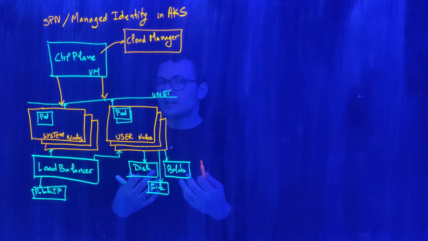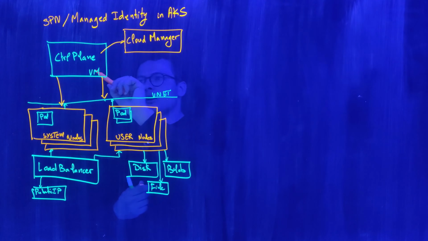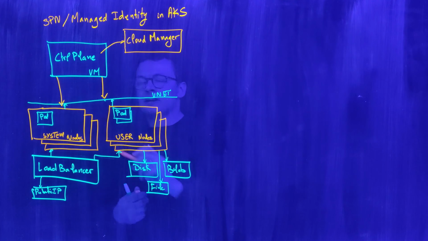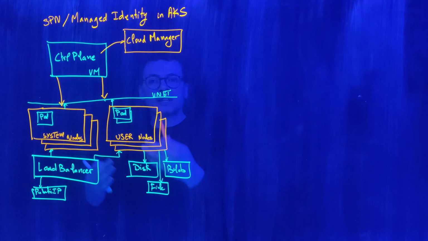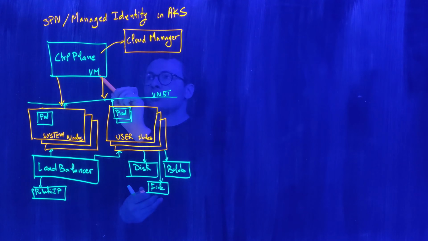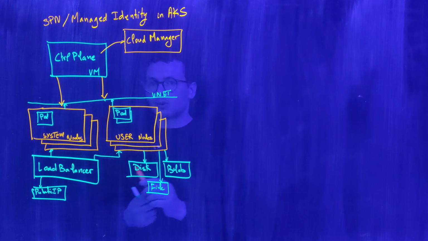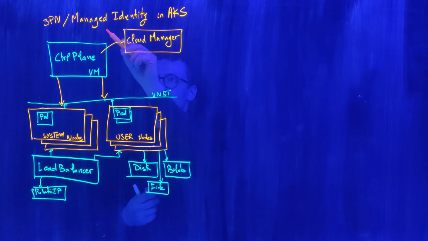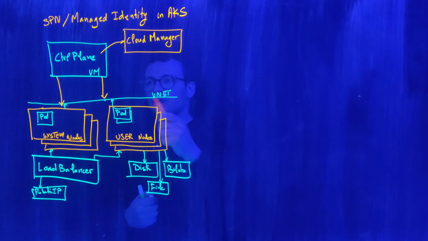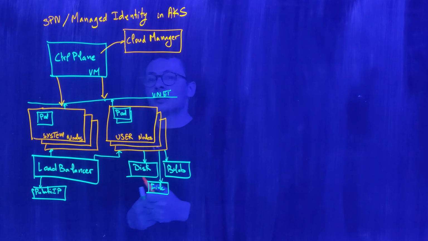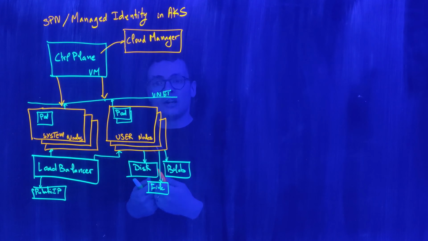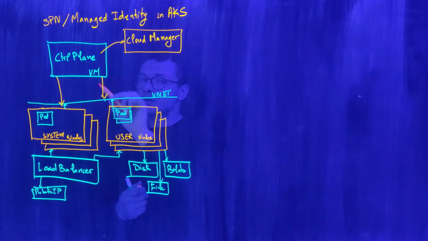So by default, when I create the cluster, this control plane, as part of my cluster resources, will actually create a service principal by default. Now, as we move to the managed identity, we would see a managed identity that will be created by default for you, and that is a system managed identity.